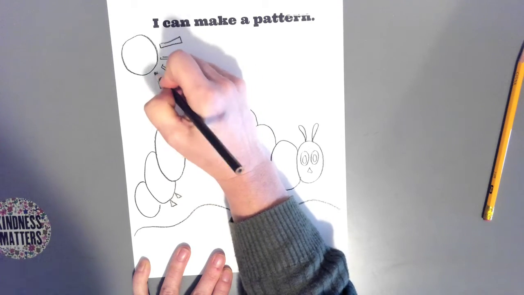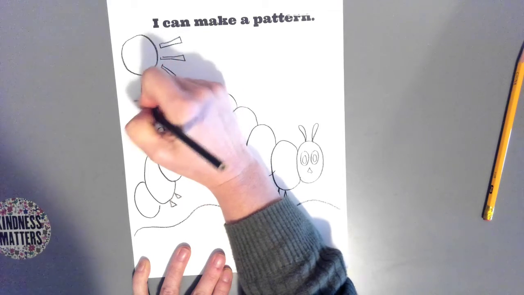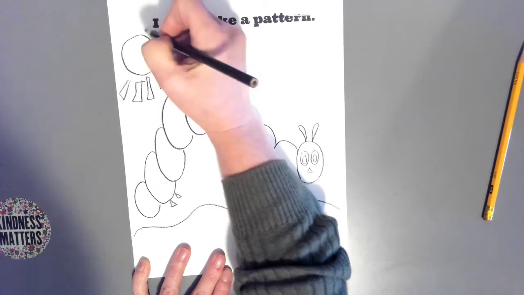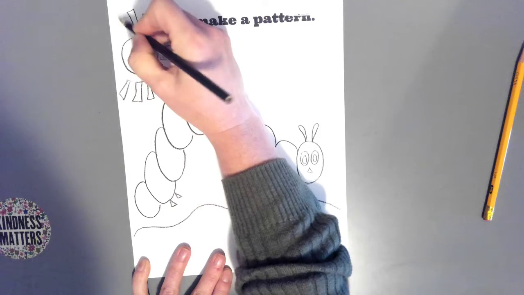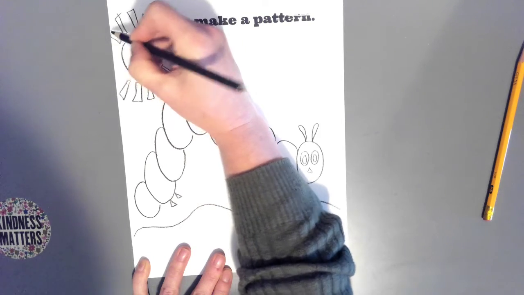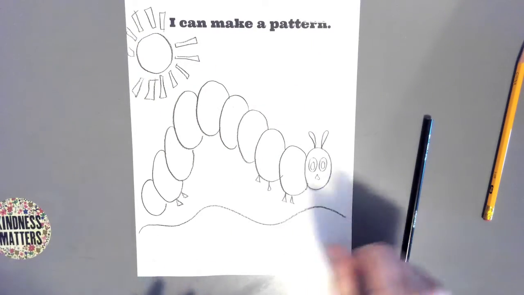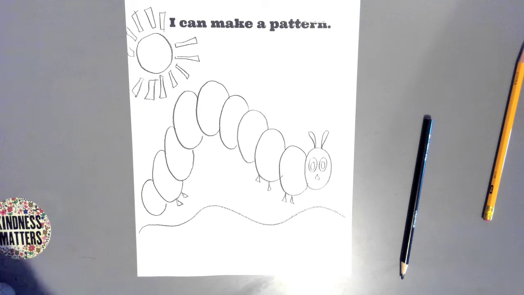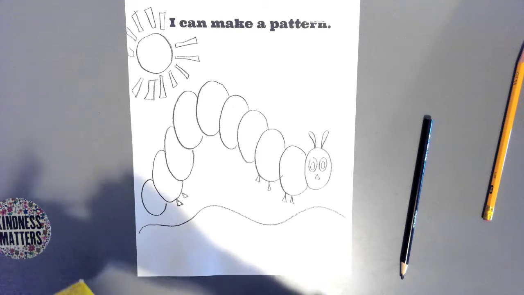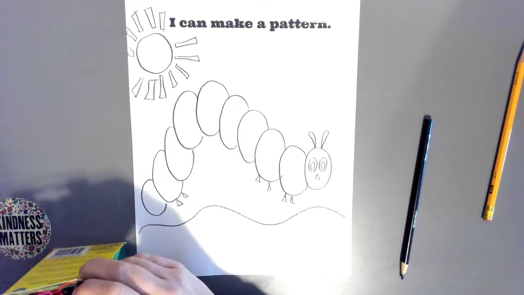Okay. So then your job will be to choose something to color with. So I'm going to take my crayons, since I love the crayons so much, and I'm going to pick my colors.